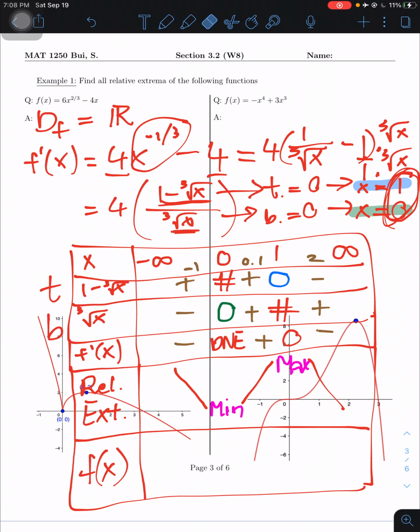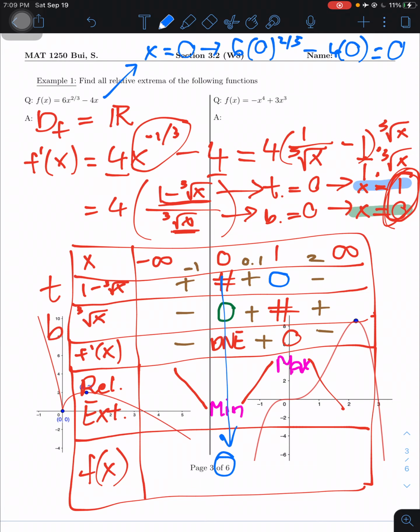Let me put 0 in blue, because it's for the top part. If x equals 0, then I'm going to get 6 times 0 to the 2/3 and then minus 4 times 0. Put all that into the calculator, I'm going to get a 0. So in here, I'm going to have a 0, underneath of the x equal to 0.